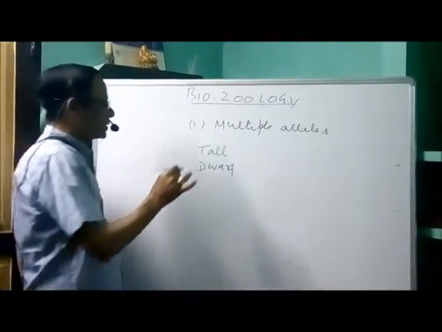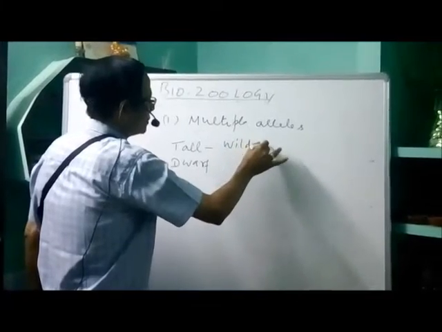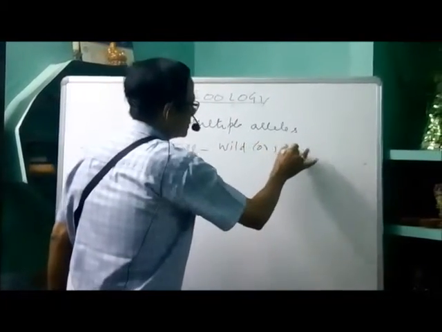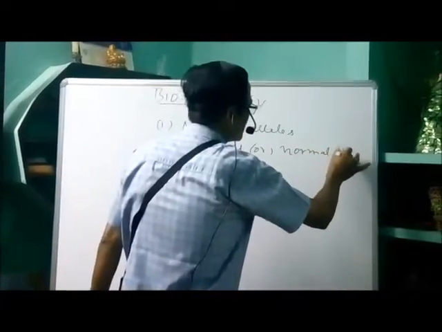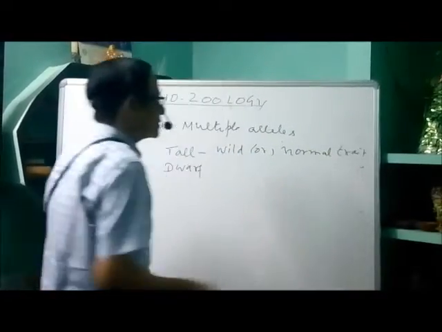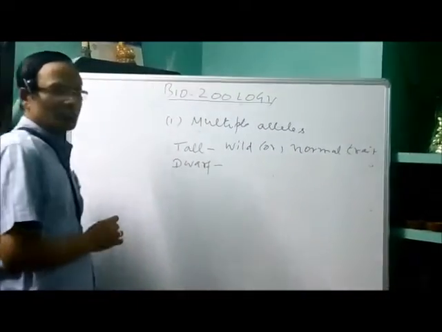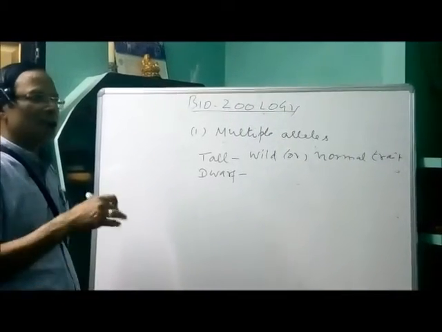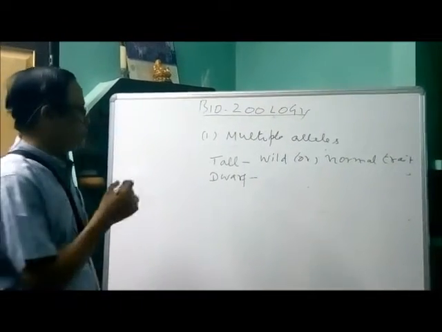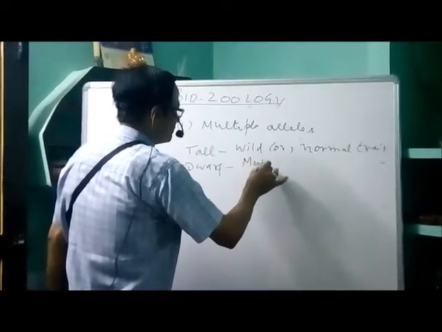The tall character is normally called the wild type, or normal trait. Because of a sudden change, the normal type gets mutated. Because of mutation, it becomes a dwarf, and that is called the mutant type.